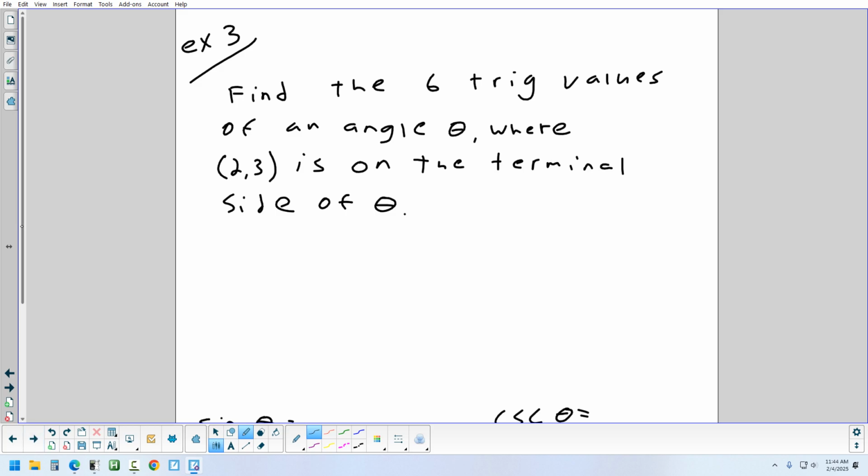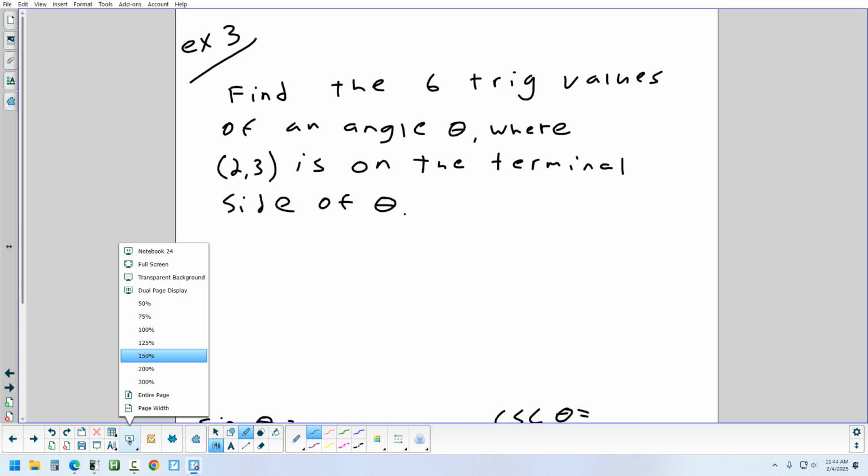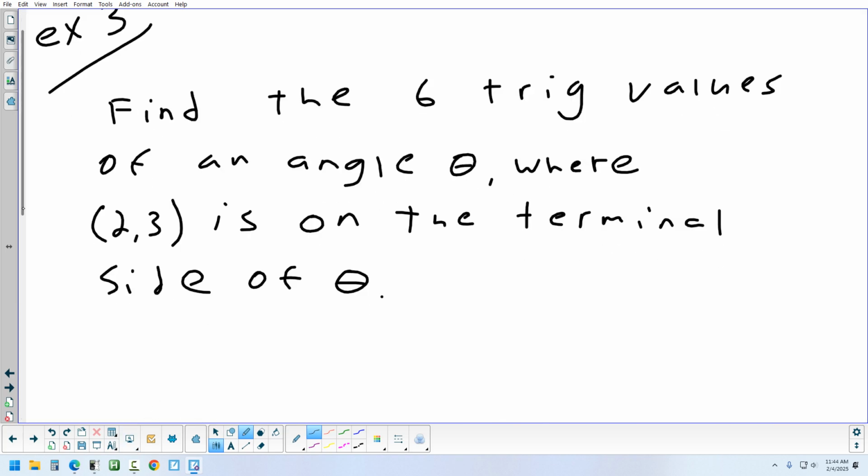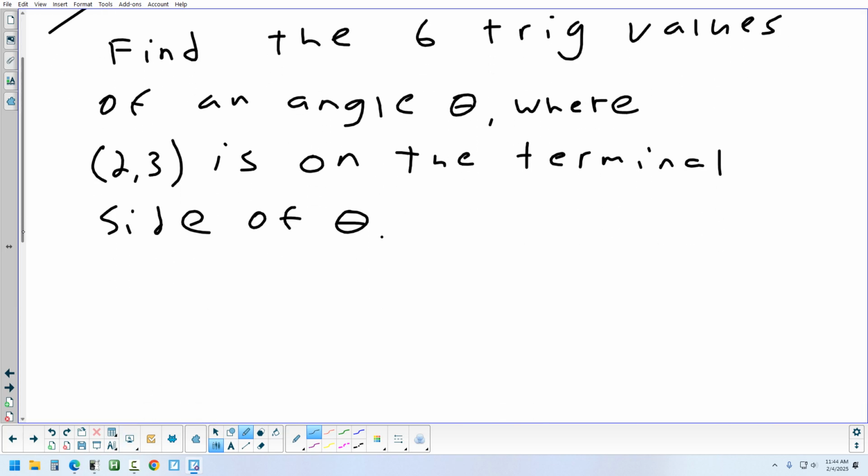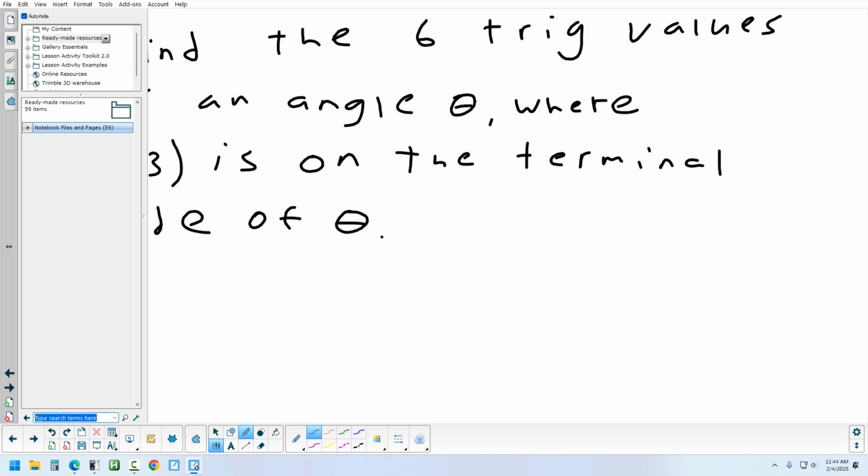So what does this say? Find the 6 trig values of an angle where 2, 3 is on the terminal side. Okay, let's sketch that. We're going to find the 6 trig functions of an angle where the terminal side goes through the point 2, 3.